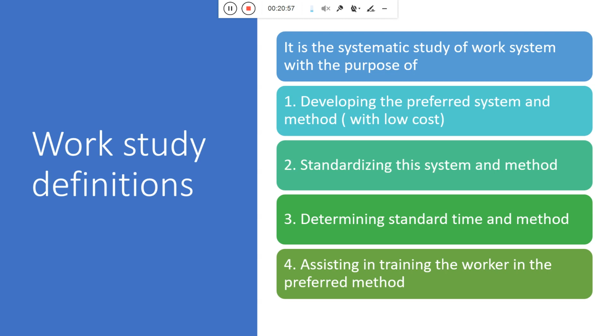You need to do the systematic study, for the purpose of developing the method, setting the standard time, reducing the cost of production, improving the efficiency of the organization, and increasing the productivity of the organization. So these are the purposes.